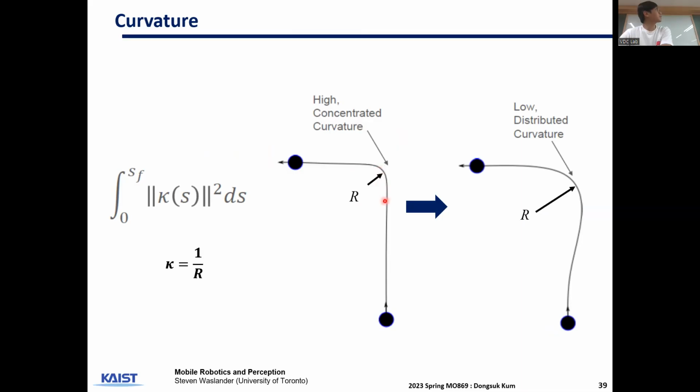So in this case, curvature is high because of the low turning radius, and that can be detrimental, or your vehicle might not be able to satisfy this turn. It cannot use this track to turn. So ideally, you would want a smoother, low curvature, high turning radius.